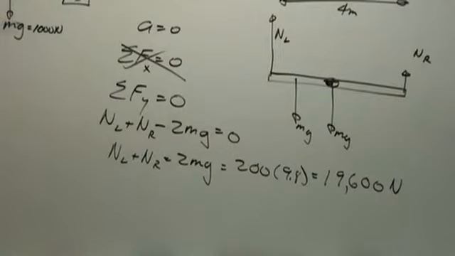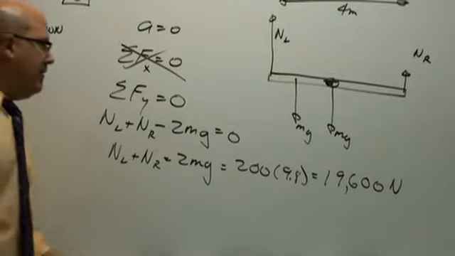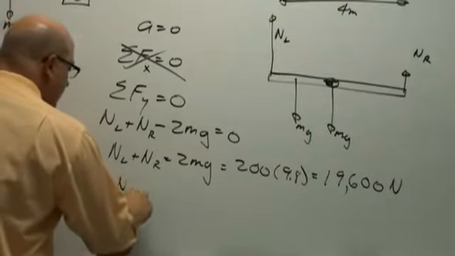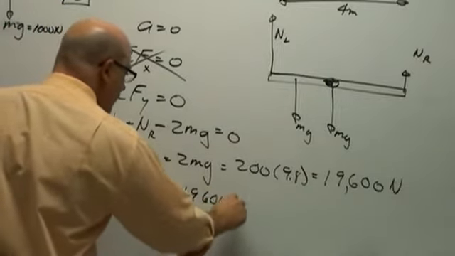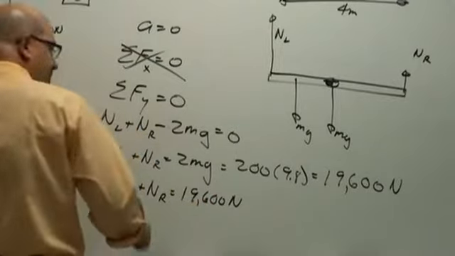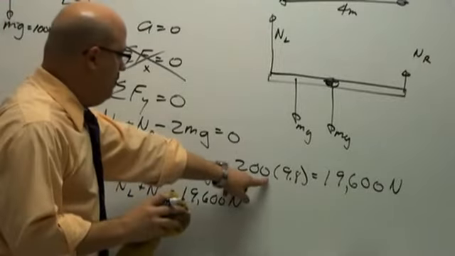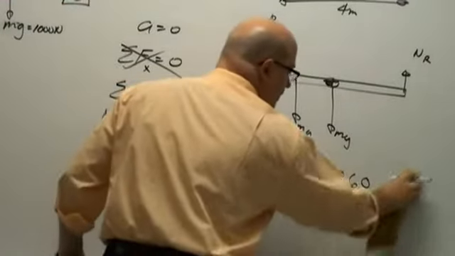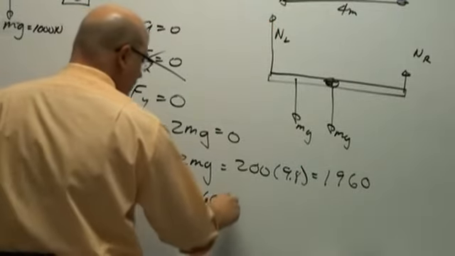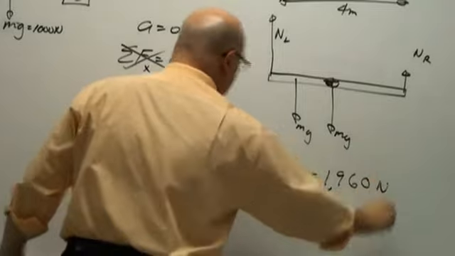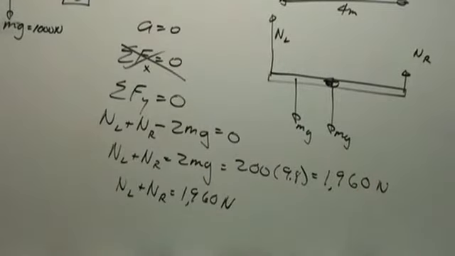Our problem, though, is we have one equation and 2 unknowns.